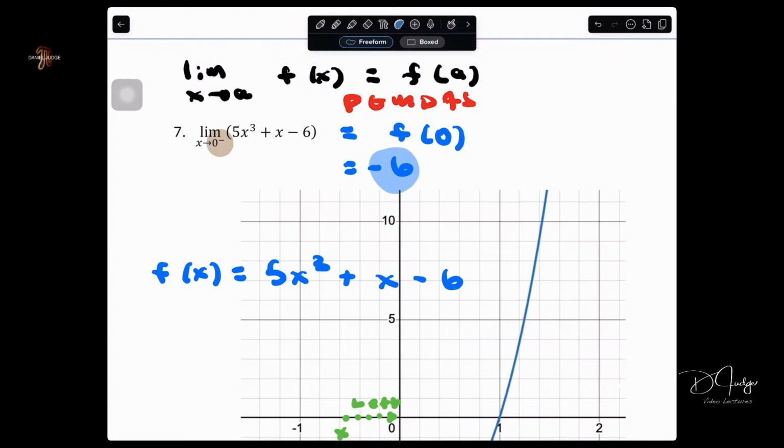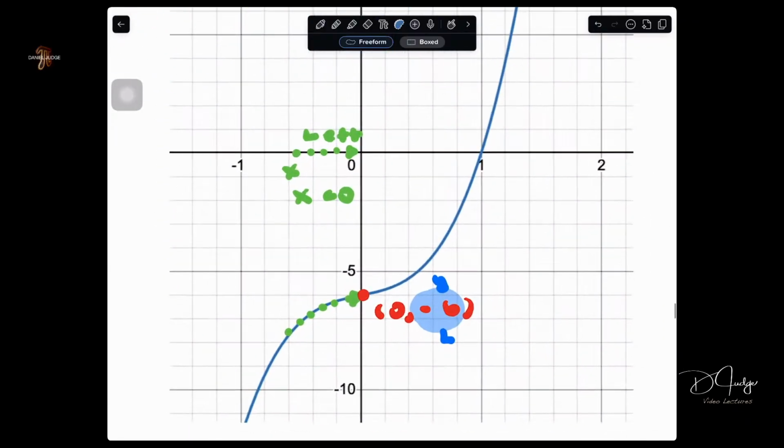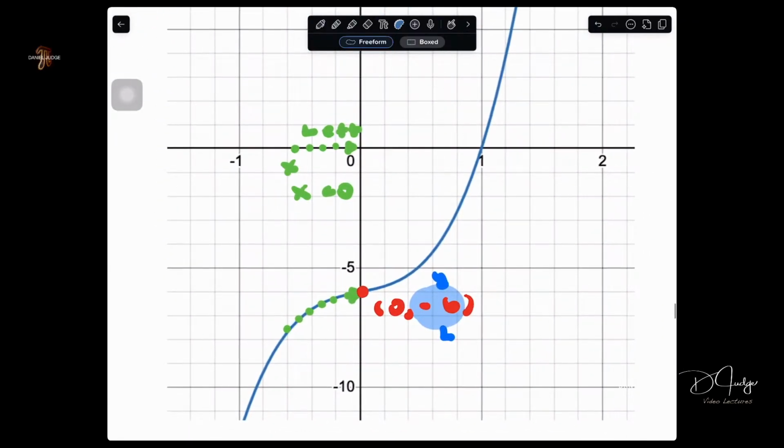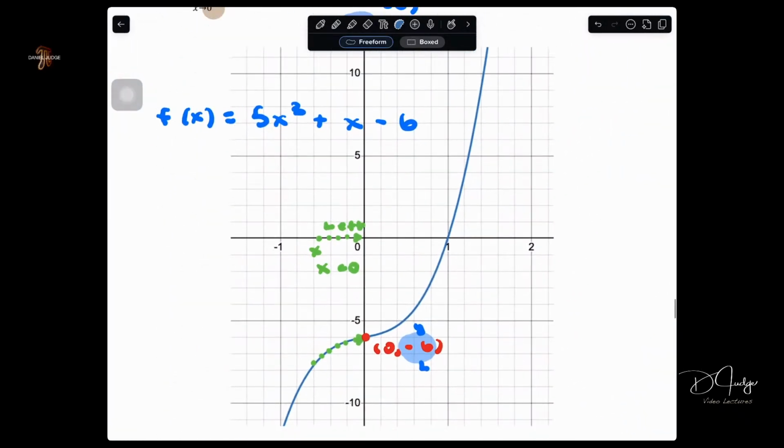So we're just looking at this both in terms of the definition of being continuous and looking at the idea here graphically as well. So there's the details for number 7. We got this earlier today.